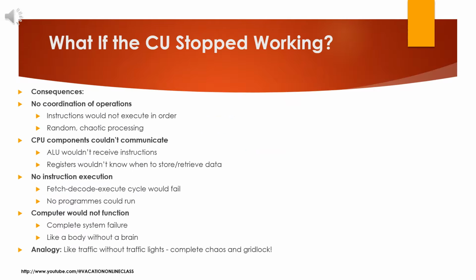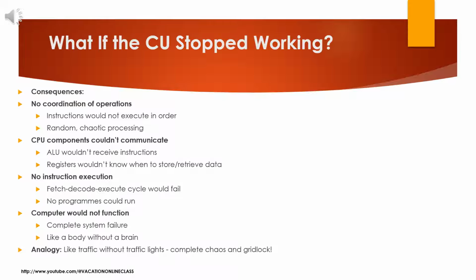To truly understand the importance of the control unit, we have to ask, what would happen if it stopped working? Simply put, the entire system would collapse. Without the CU, there's no coordination. Instructions would lose their sequence, leading to random and chaotic processing. The internal components of the CPU would lose their ability to communicate.